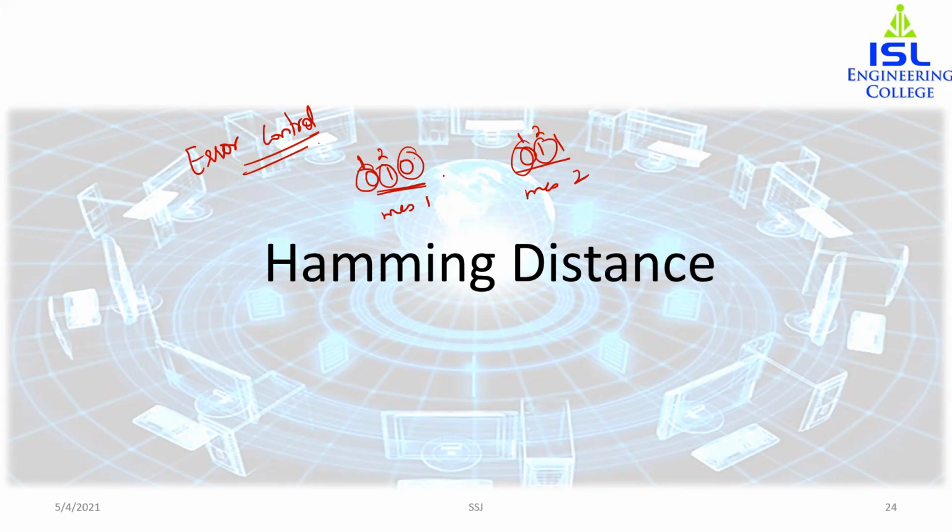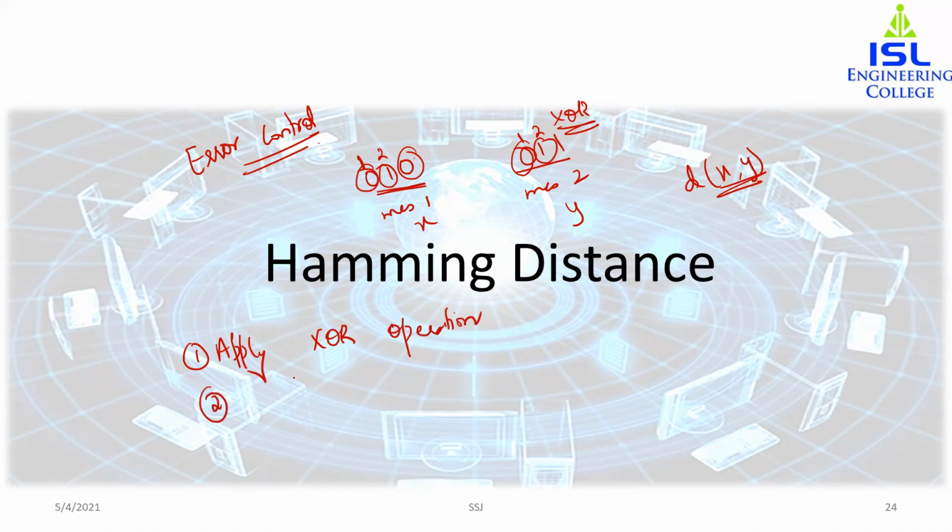And suppose if the message 1 is given by X and message 2 is given by Y, then the Hamming distance is given by d(X, Y). The Hamming distance can be easily found if we apply the XOR operation on the two words and count the number of ones. So basically, first apply the XOR operation.